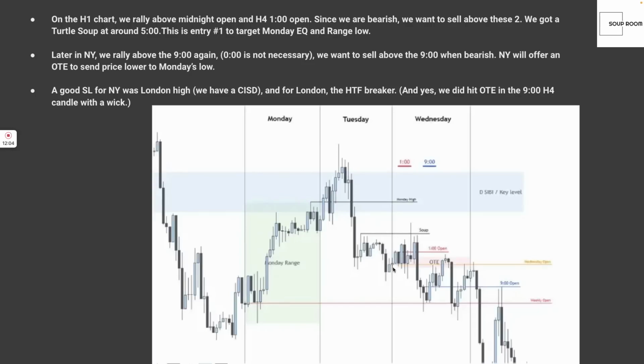Wednesday's price opens above 1 a.m.'s 4 hour candle, turtle souping a high, enter short, targeting the equilibrium of Monday's range, and then the opposing end of Monday's range.